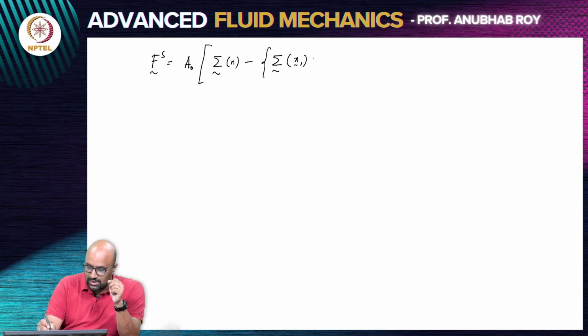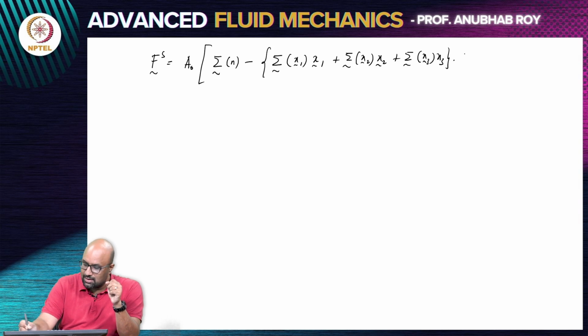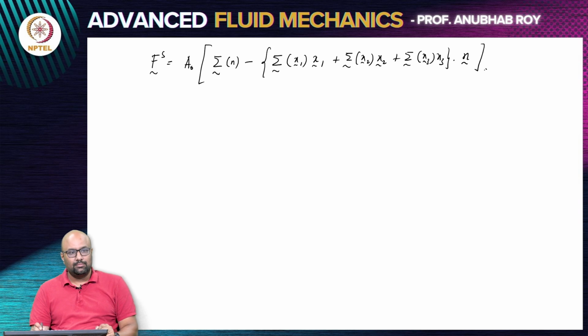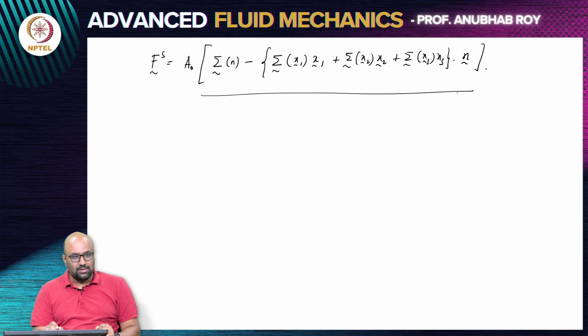So what I will do is I will write this as x1 sigma x2 x2 plus sigma x3 x3, this dotted with n. This is basically your sum of all the surface forces.